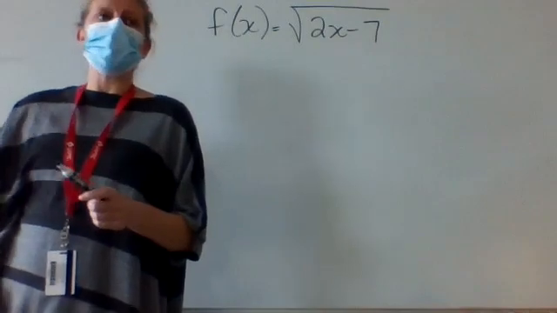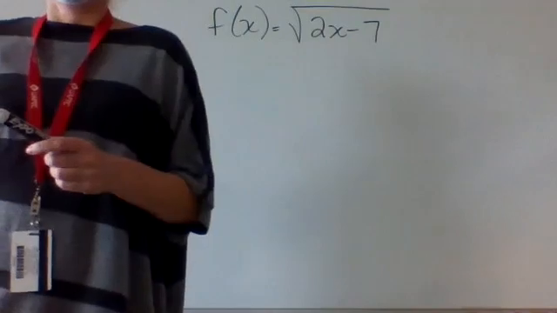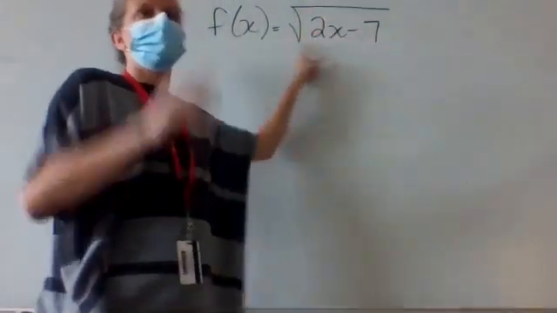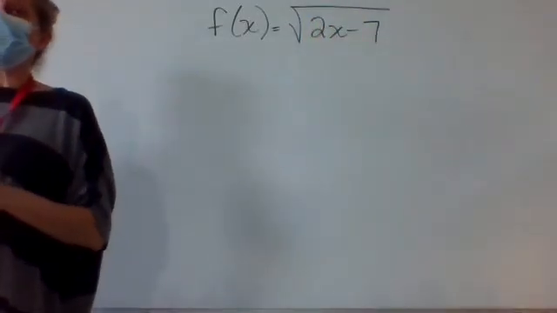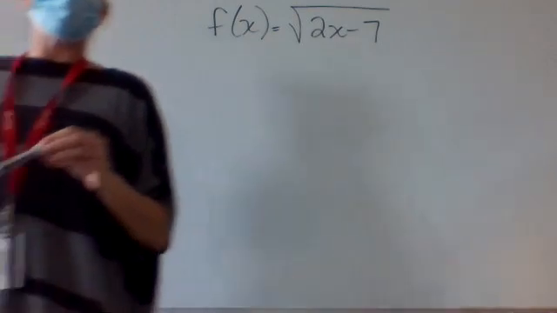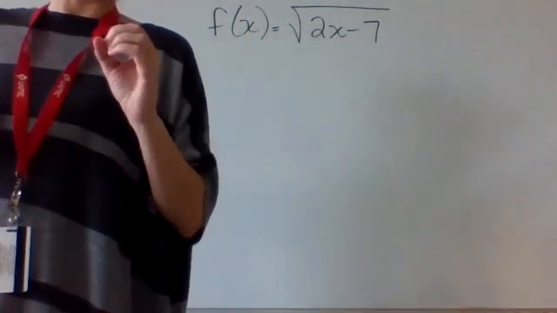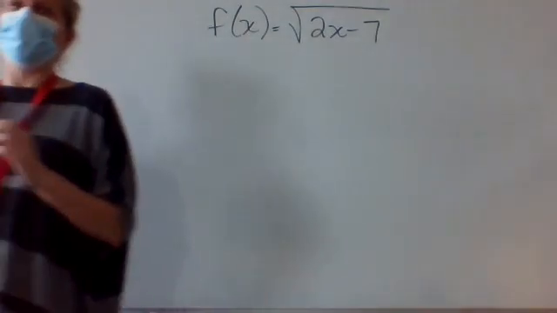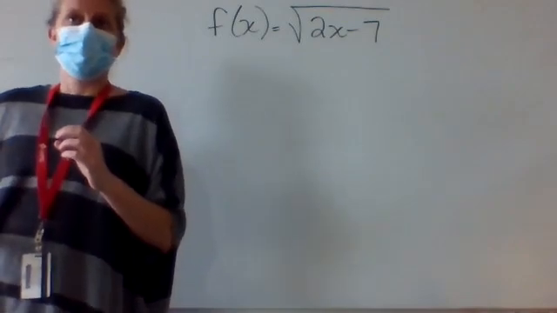If you're taking the square root of a number, you want it to be positive, which means whatever is underneath this square root needs to be positive, and the way that we're going to say that is it needs to be greater than or equal to 0, right? If you're less than 0, then you're negative, right? That's what makes you negative, is being less than 0, okay?